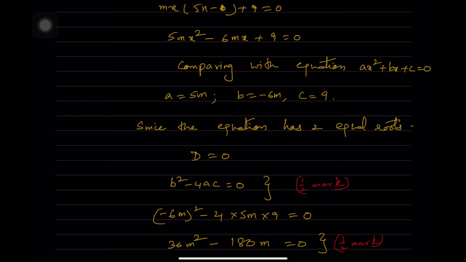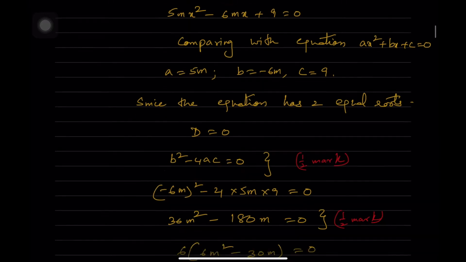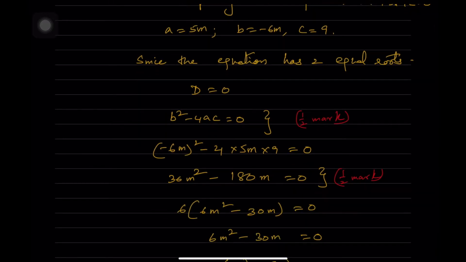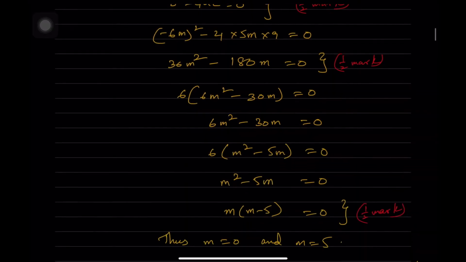Then next, you have to write what b is, and then you write b square: minus 6m whole square minus 4 into a is 5m, c is 9, equal to 0. So this gives you 36m square minus 180m is equal to 0. If you take 6 common, you get 6 into 6m square minus 30m is equal to 0.